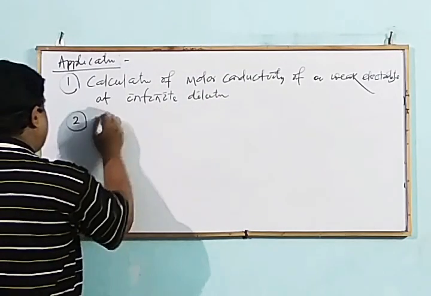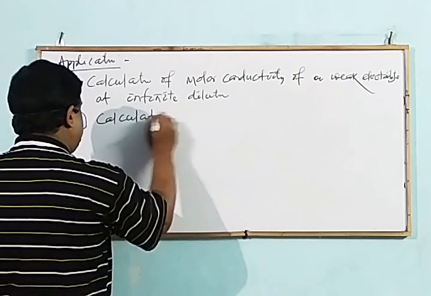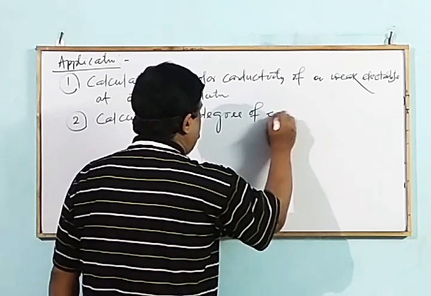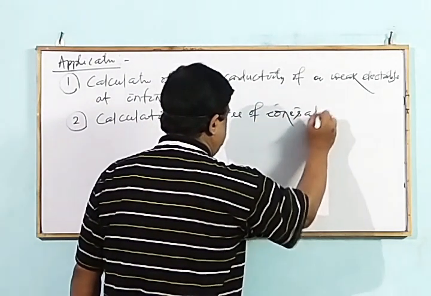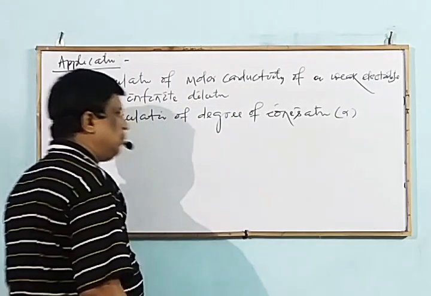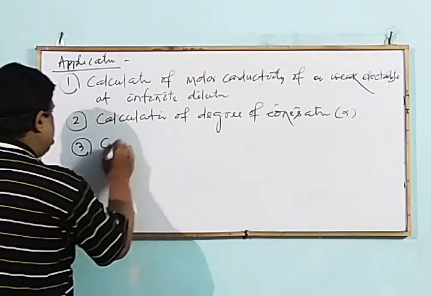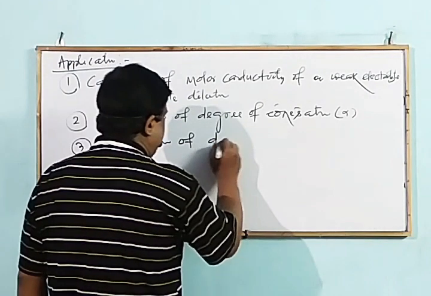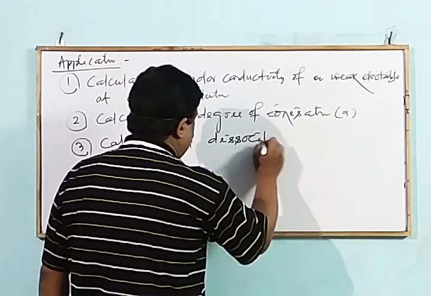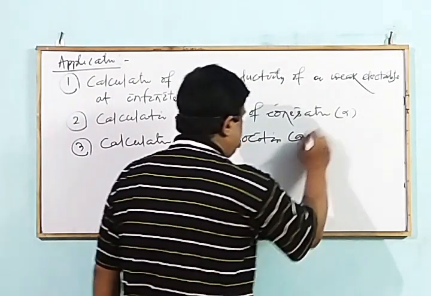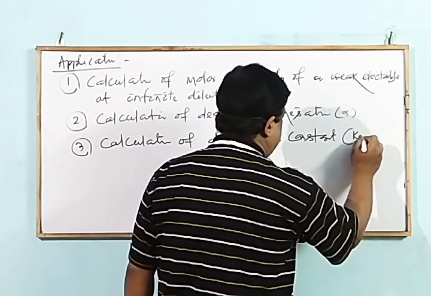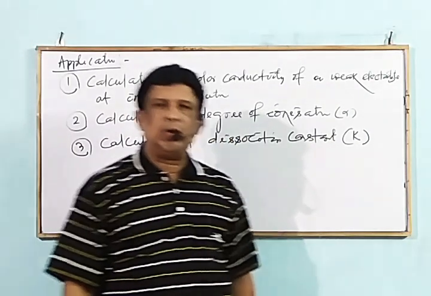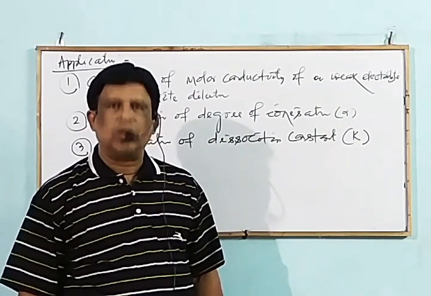Second one, calculation of degree of dissociation, degree of ionization, symbol alpha. Third one is calculation of dissociation constant or ionization constant, that is K. These are the 3 applications of Kohlrausch's law. Let us discuss one by one.